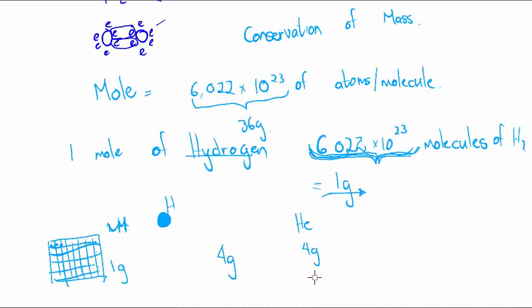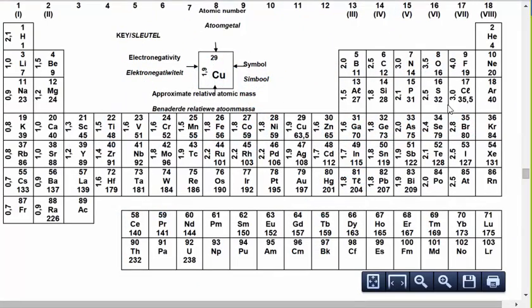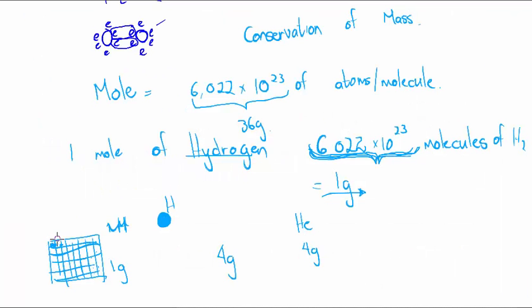If I fill everything here with chlorine, it will weigh 35.5 grams. So why does it weigh more? Because each chlorine atom has 35.5 protons and neutrons.